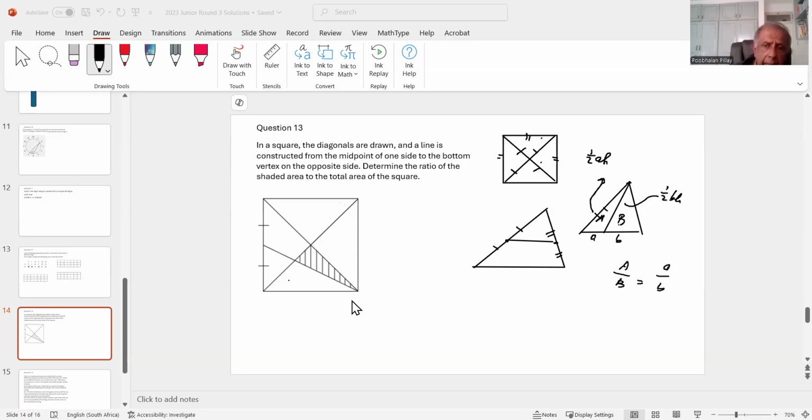To do that, I've got a midpoint here and I've got a triangle here like that. So why don't I draw a line from here parallel to this?